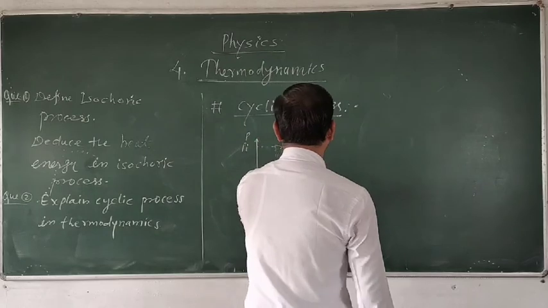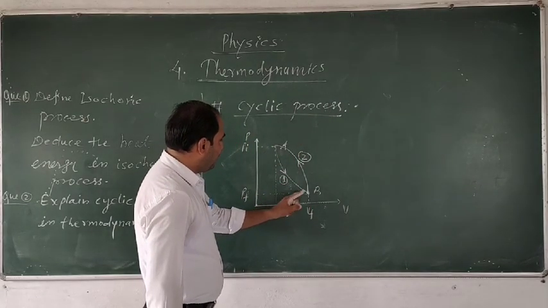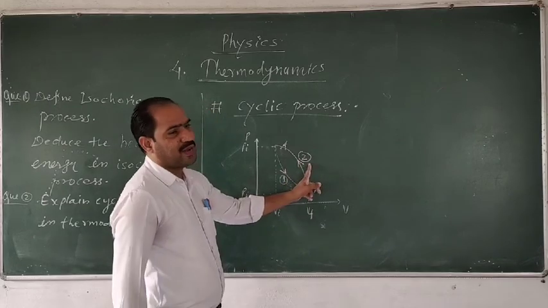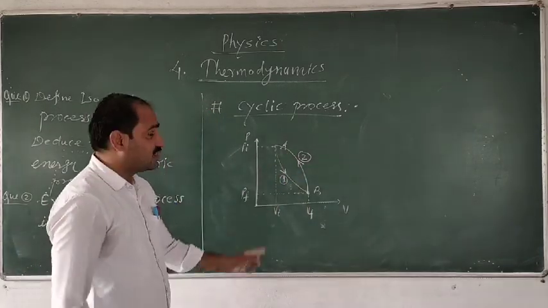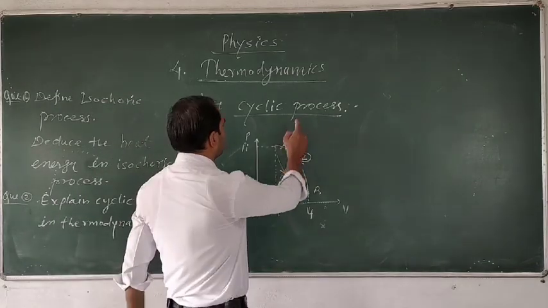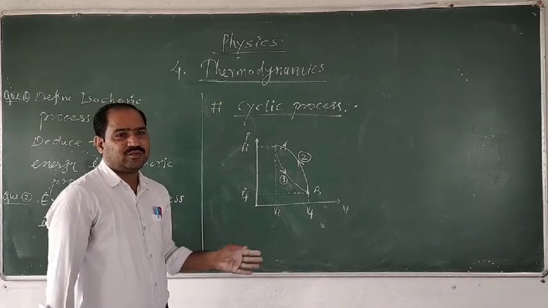A to B by path 1, B to A by the second path. So this completes the cycle here. This process is called the cyclic process.